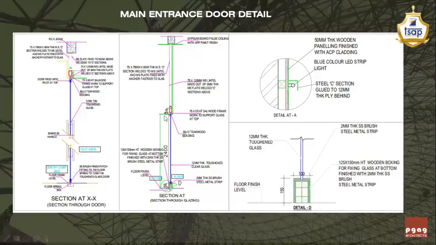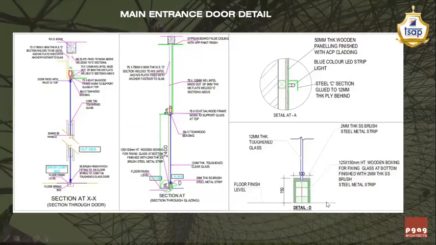Similarly, while fixing the fixed glass, you are supposed to leave a molding here which will act like a beading. If in the later stages the glass breaks and he needs to change it, he will just break open that molding, remove the glass and change it. The glass is going to be fixed with a skirting box.